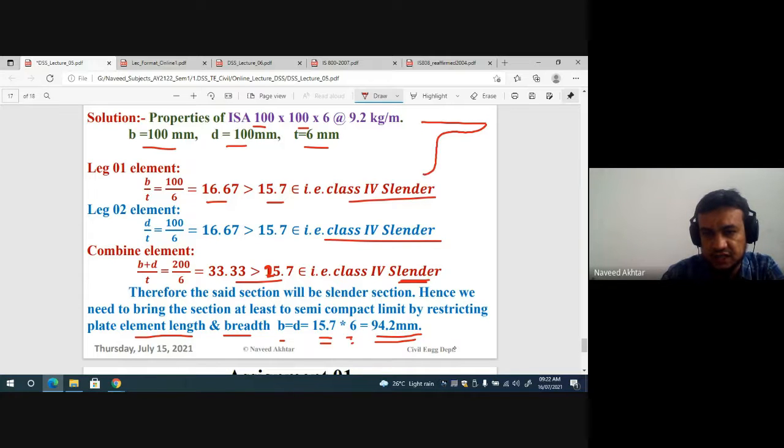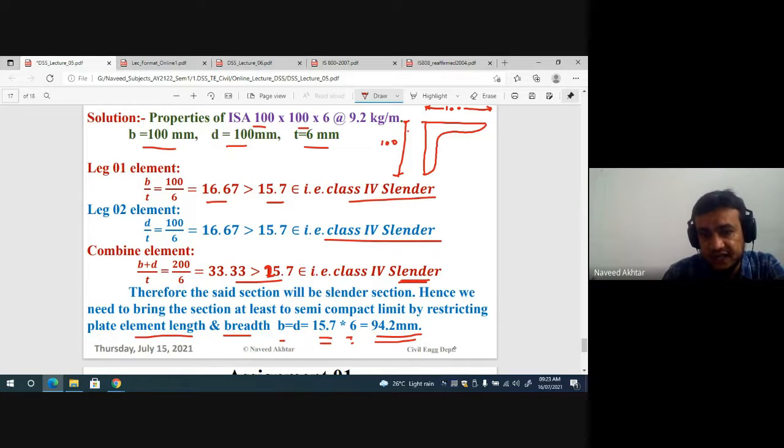This is your angle section. It is already given as 100 mm. This leg is also 100 because both legs are equal, as given in the example. But if you take the 100 mm legs, then your section is slender.